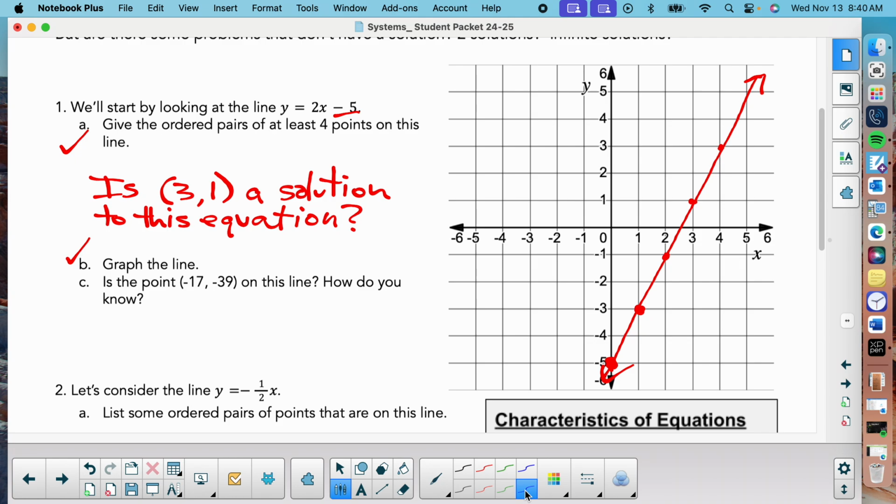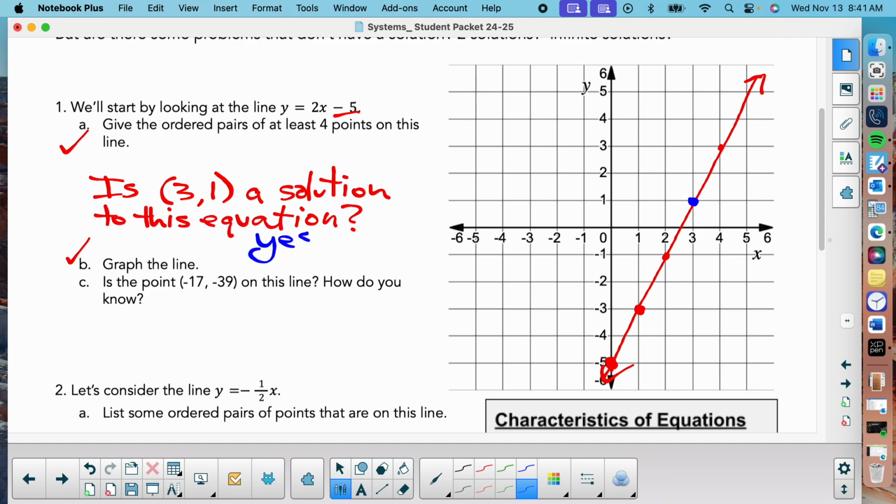No. Okay, where's 3,1? 3,1 is over, backwards, that's right, over three, up one. Okay, so 3,1 is right there. So is that going to be a solution to the line? Yes. How come? Because when you go over three, one, you get a point. It's on the line.